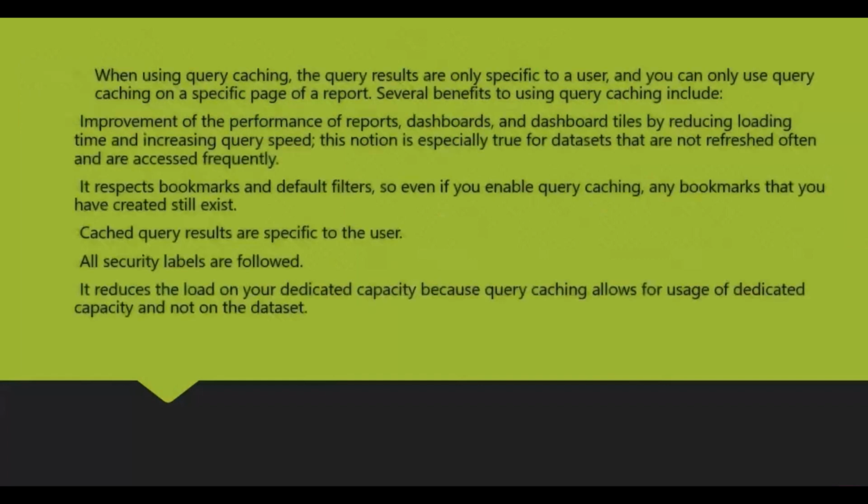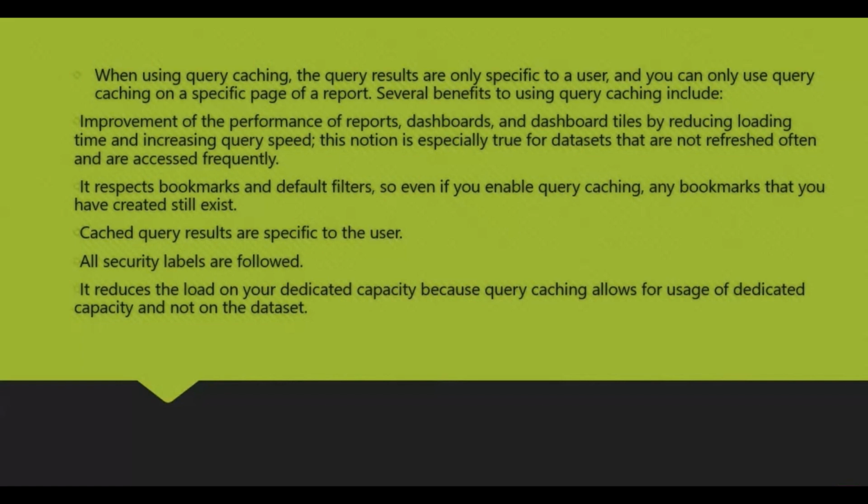So let's move ahead. When using query caching, the query results are specific to a user or to a particular report page. It gives us several benefits. Definitely, it will allow us to load the data very fast in comparison to calculating the measures on the whole data set every time. Loading is much faster if the data is stored in the cache memory.